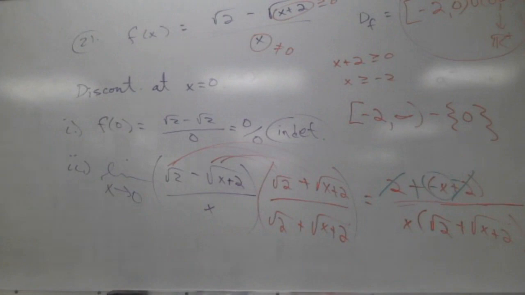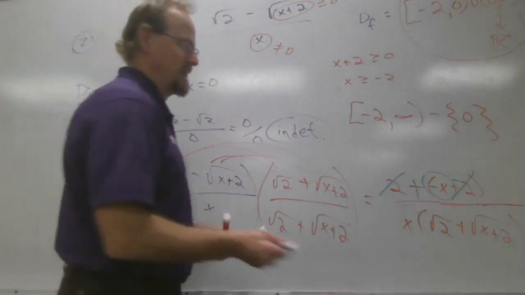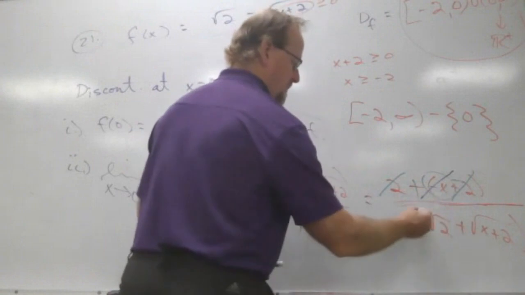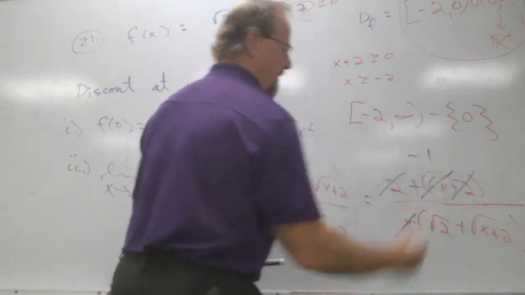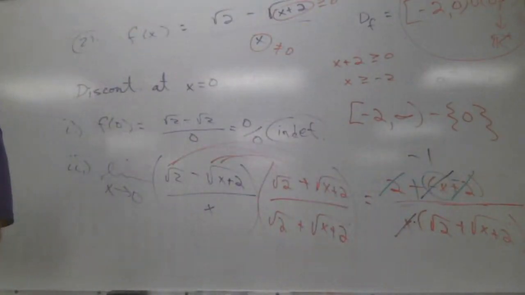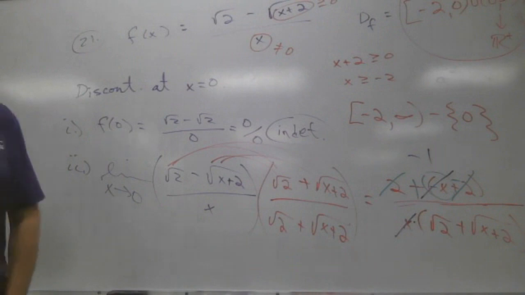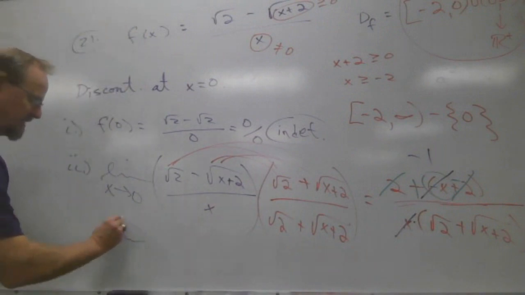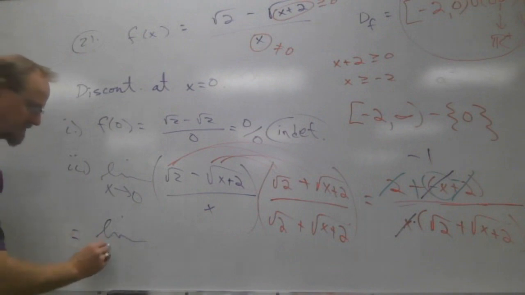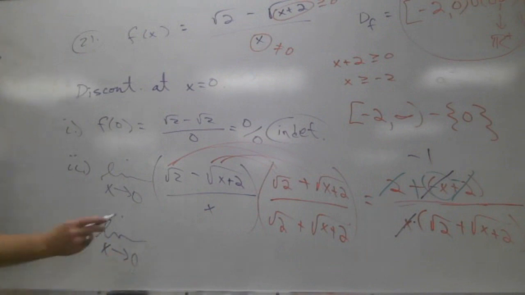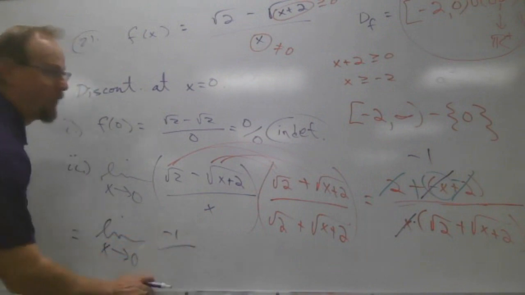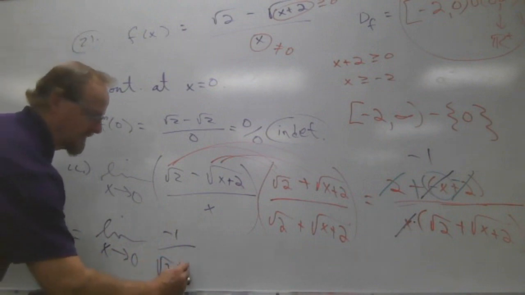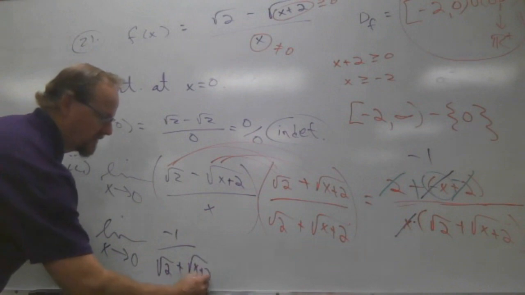So what can I do now? I can cancel that minus x with this x because it's multiplication, and I'm left with a minus 1 on top. So this is equivalent to the limit as x approaches 0 of minus 1 over the square root of 2 plus the square root of x plus 2.